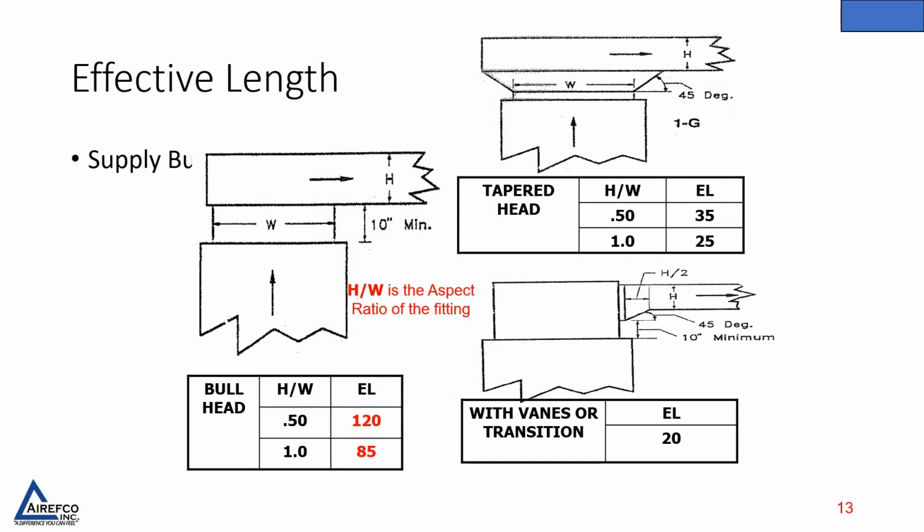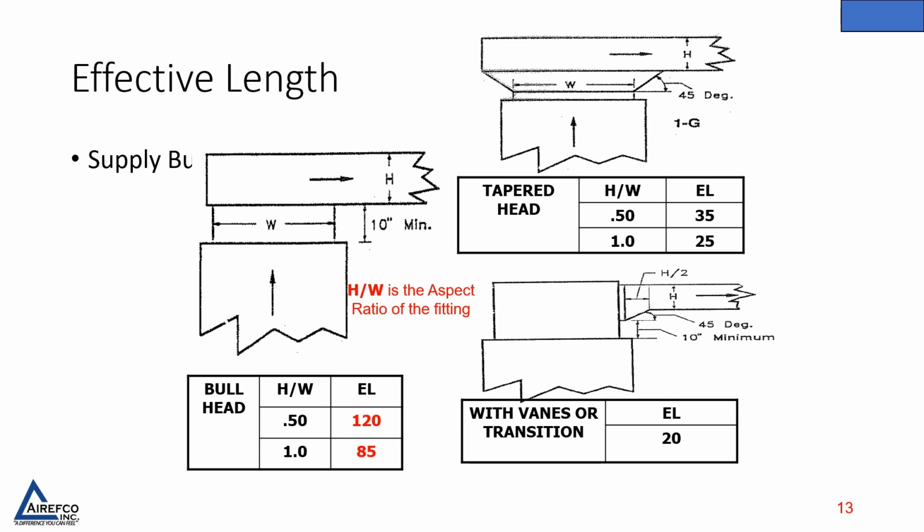This is another common fitting that you see on most supplies off of furnaces. And you'll notice that in the first example, with a 0.50 HW ratio, the equivalent length of this type of fitting is 120 feet. In the second example, with a 0.50, with a 45-degree transition and tapered head, it drops that equivalent length to 35 feet.